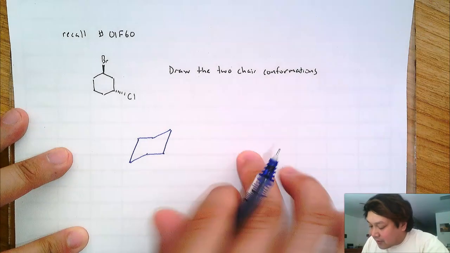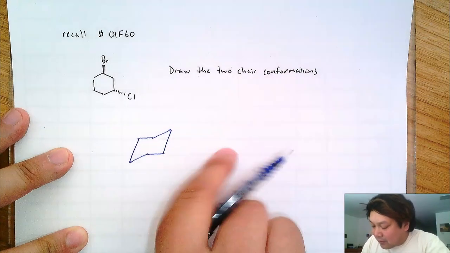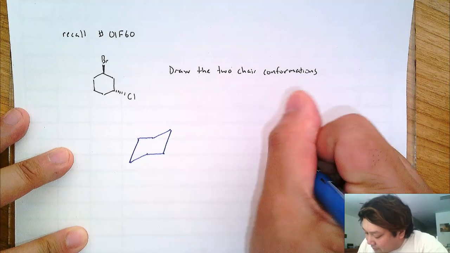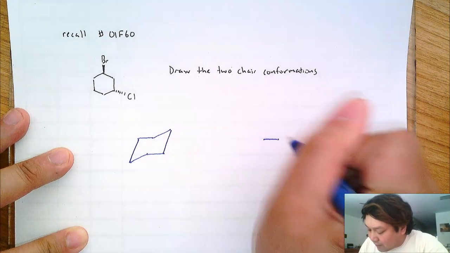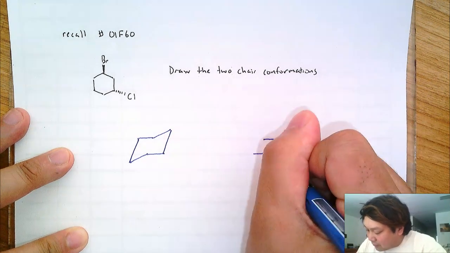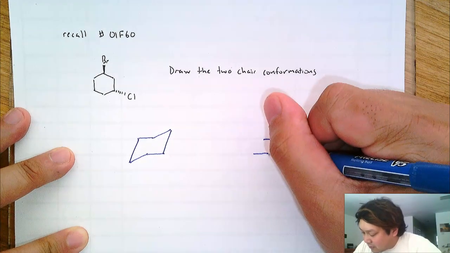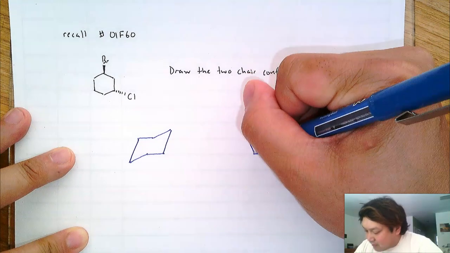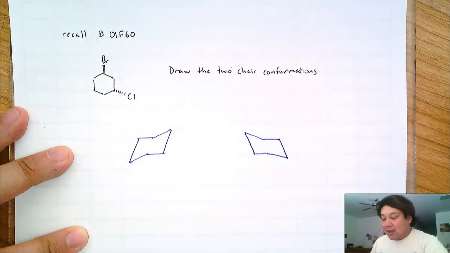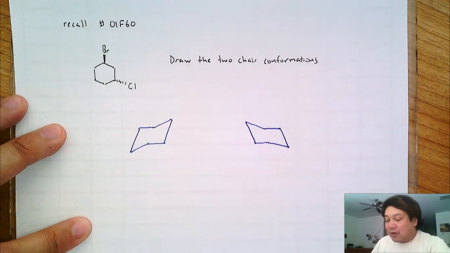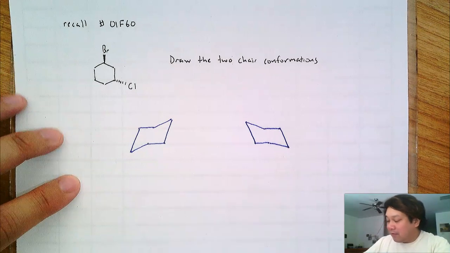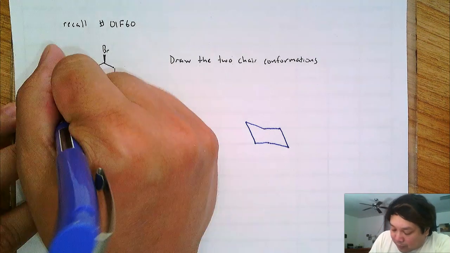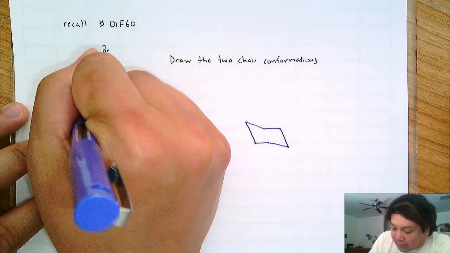And then make sure you have a lot of space, because you don't want groups hitting each other from the two different conformations. Now I'll draw the other chair. Pretty decent.